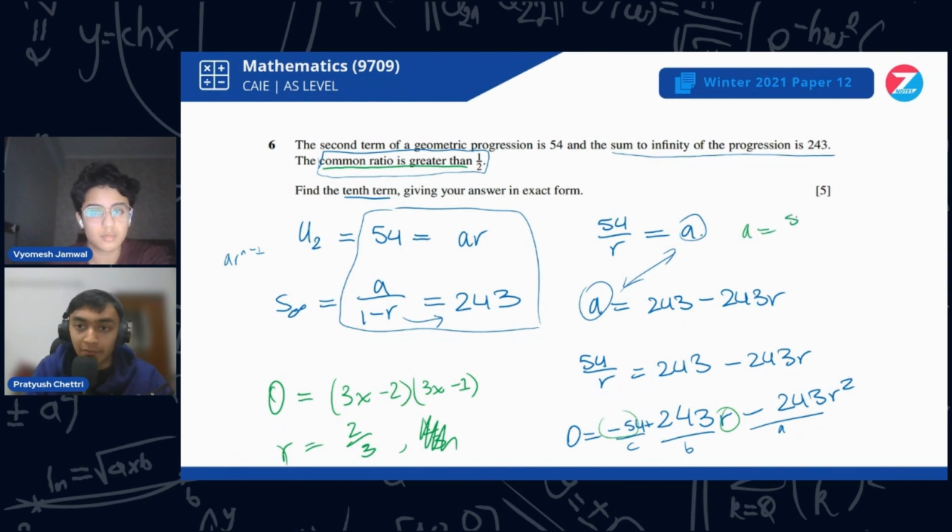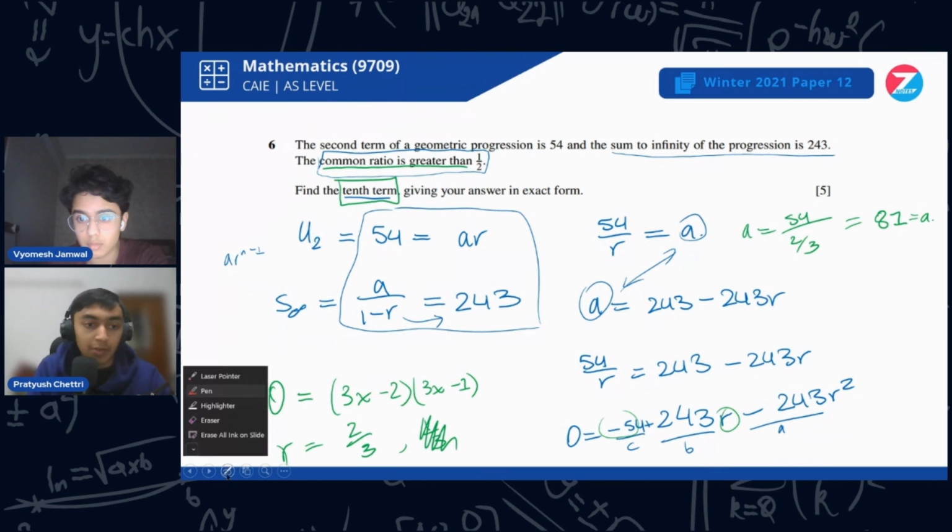A is equal to 54 divided by 2 by 3. So a is 81. And now I can find the 10th term. I will do that in a different color again.